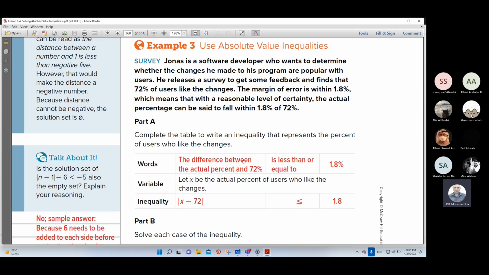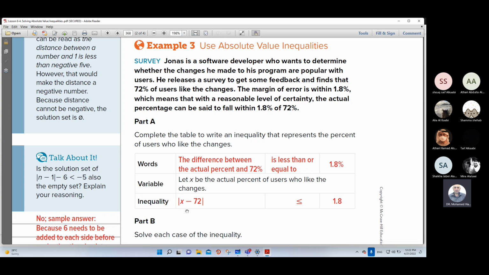So now we want to write an inequality from these words. We have the difference between the actual percent and 72% is less than or equal to 1.8. We don't know the actual percent, so we can represent it with a variable. Let x be the actual percent of users who like the change.